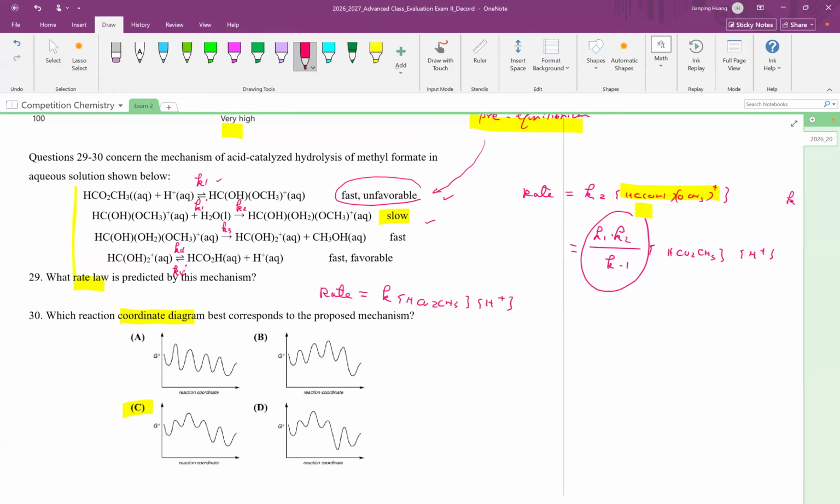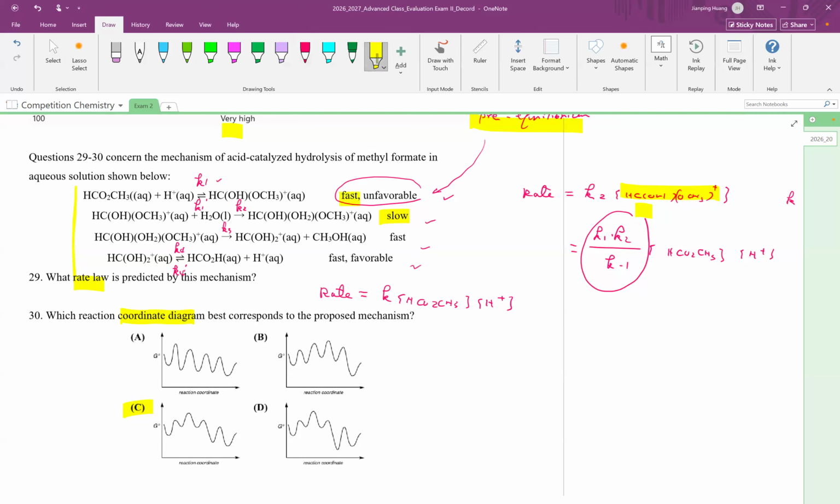Step 2 is slow. What does slow mean? It means a larger activation barrier. Step 3 is fast, smaller barrier. Step 4 is fast, favorable, smaller barrier. The product has lower enthalpy.